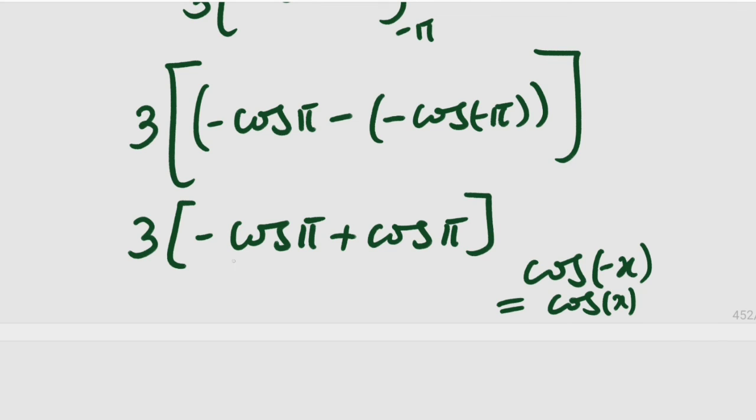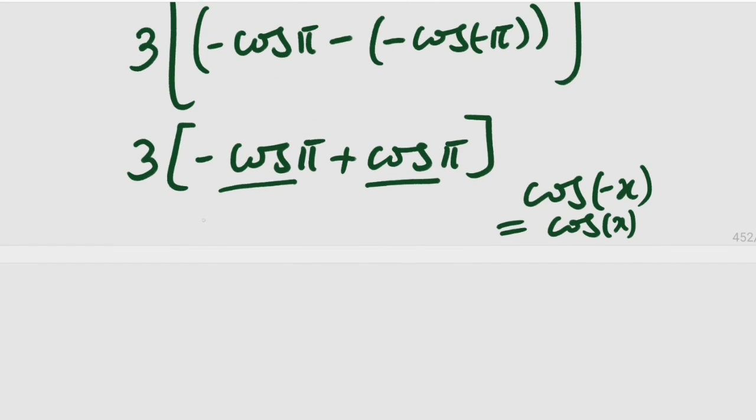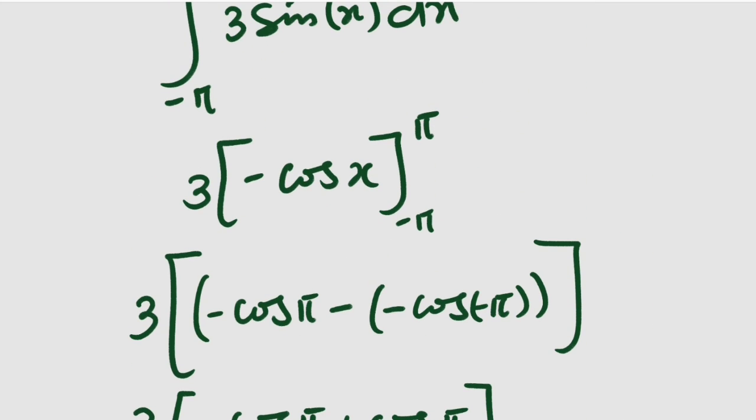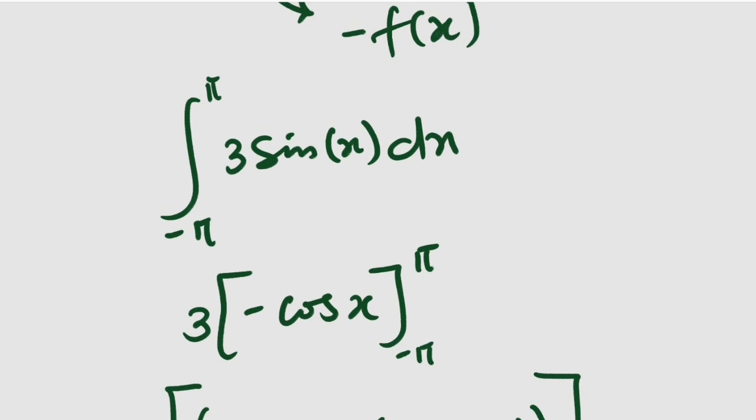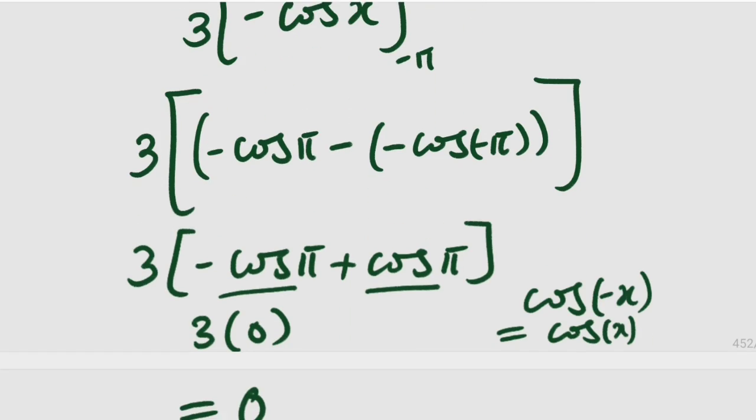You should look at it. Negative cosine, positive cosine, it will give us 0, right? So this is 3 multiplied by 0, and this turns out to be 0. You see that? Because it is an odd function and we're integrating that on a symmetrical interval, therefore it must give us 0. Definitely. And you can graph it to see how it looks like.